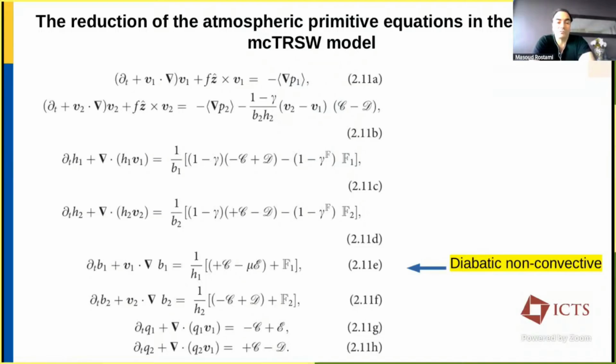So you have B1 and B2. For example, once we have a B1 buoyancy anomaly in the lower troposphere, automatically in the upper troposphere we have a negative buoyancy anomaly.